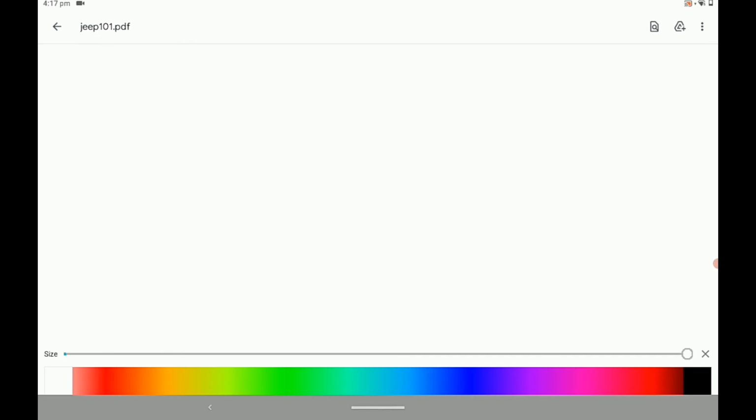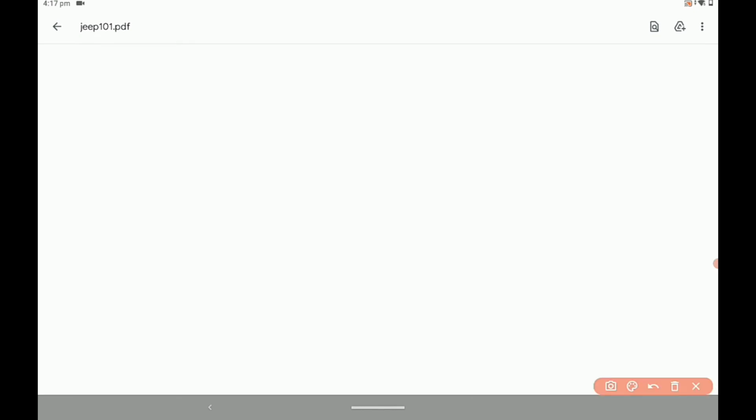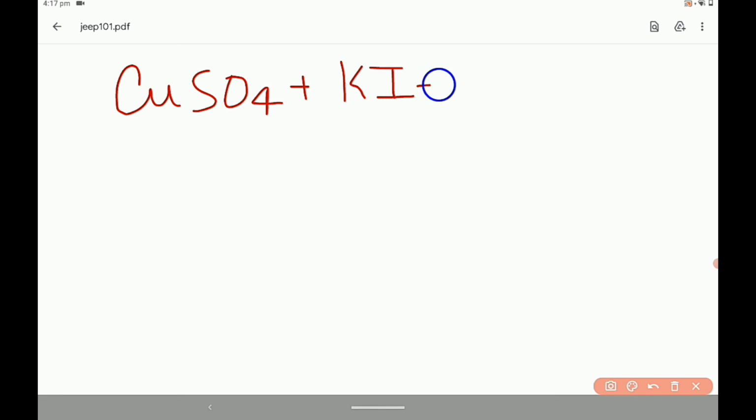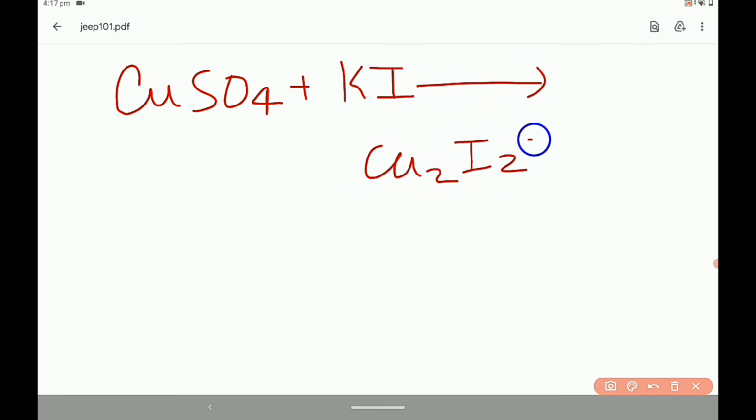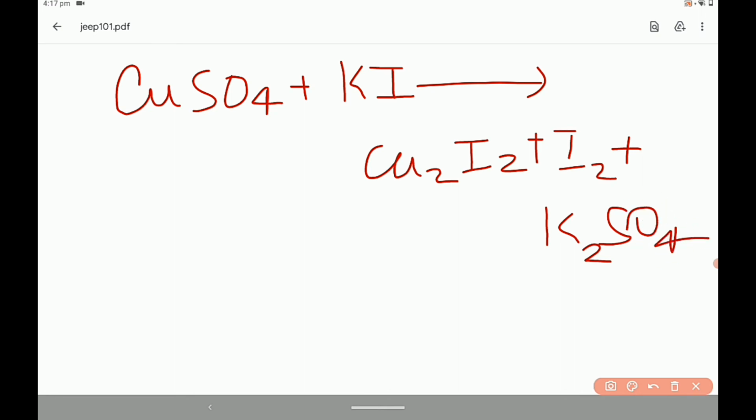Right, we can use this space. Copper sulfate CuSO4 with potassium iodide gives rise to Cu2I2 and potassium sulfate. Okay, so let's balance it.